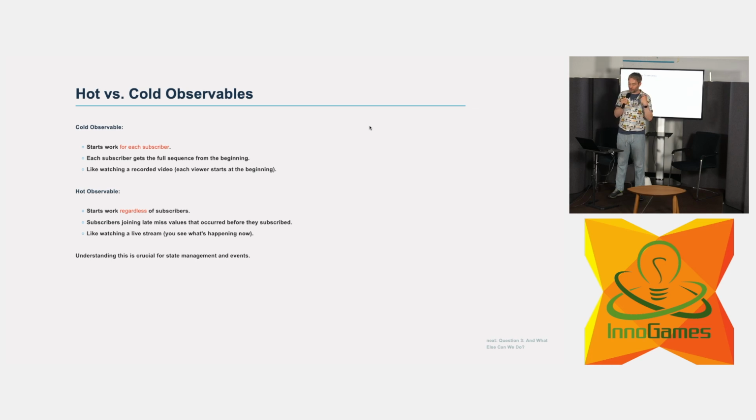A cold observable is basically a YouTube video. You can like and subscribe and watch the content at your own speed, and see also the complete history. A hot observable is like a live stream, a Twitch stream, for example, which you're watching right now. This is important, another thing from literature, and in the later slides it will become clearer why I explain these things now.